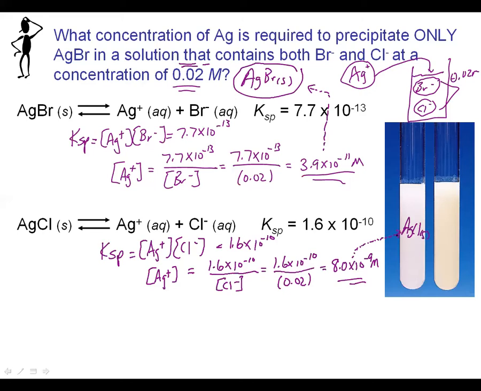And what we see here when we look at these two is if I want to precipitate out just the silver bromide in this case, and leave our silver chloride, our chloride actually, in the solution, we would need a silver concentration that's greater than 3.9 times 10 to the minus 11.